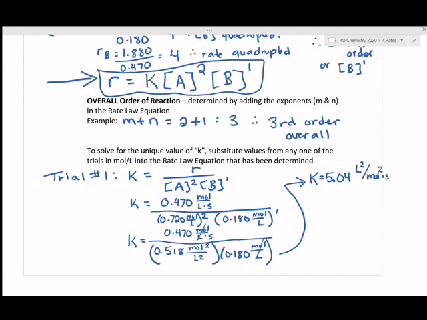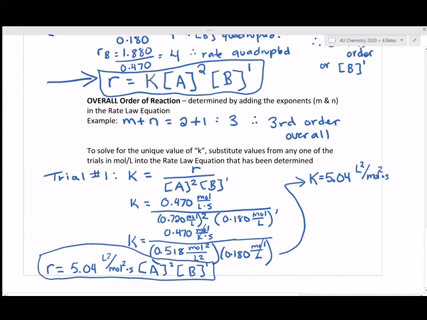Okay, so now that we know that, we could actually put this whole thing together and say rate is equal to 5.04 liters squared per mole squared seconds, all times A, whatever concentration you have, you would plug in, B, whatever you have, you'd plug in, and this is your totally complete rate law equation for that reaction on that day.